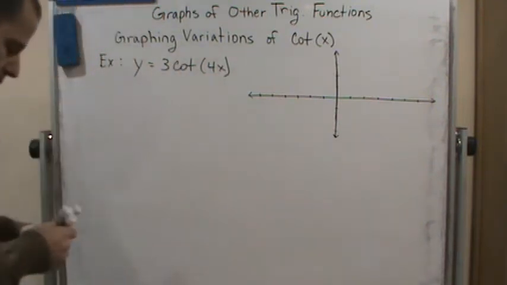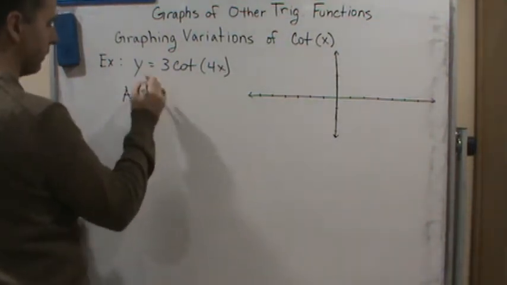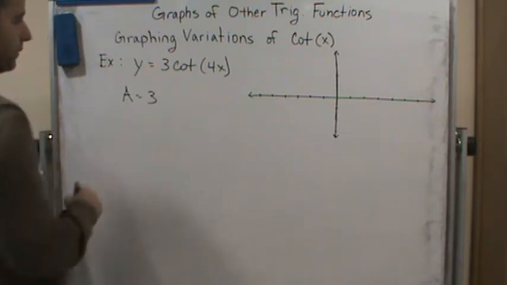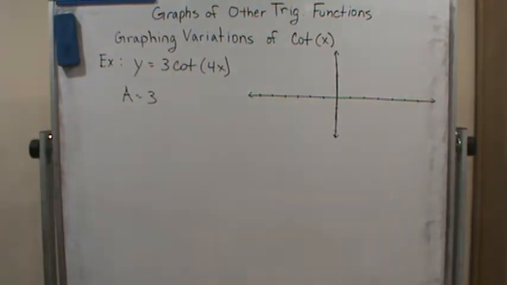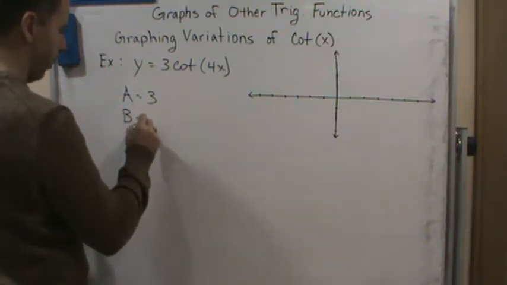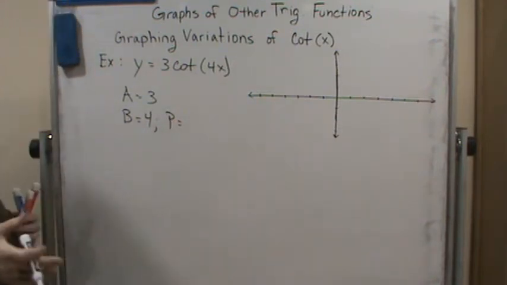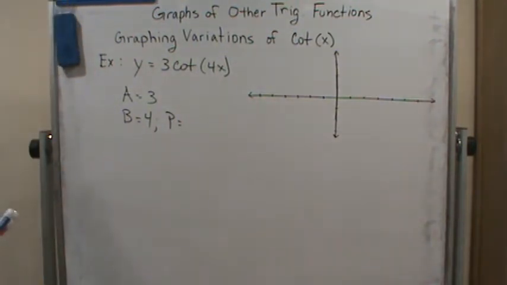Okay, so again, a here is equal to 3. Notice it's positive 3. There's no negative sign out here, so it's not a reflection across the x-axis. What else? b is equal to 4, which tells me that the period is pi over the absolute value of b.